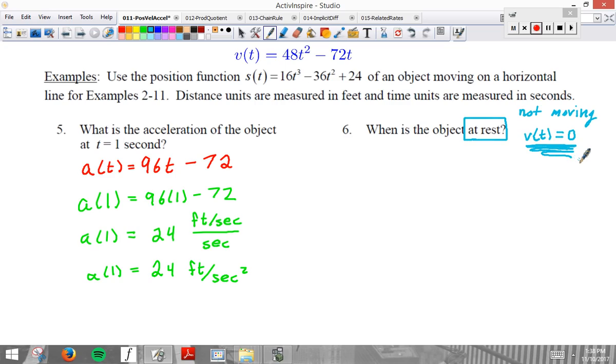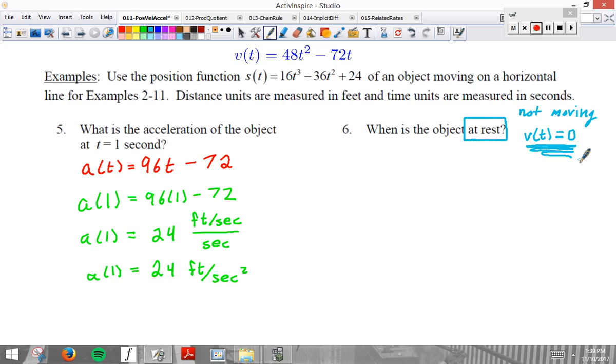It does not mean the position equals 0. The position equals 0 will just mean you are 0 feet from the point of interest, the point where we're measuring from. You can still be moving, even if you're not right where I'm measuring. Acceleration equals 0 is the other major distractor here.